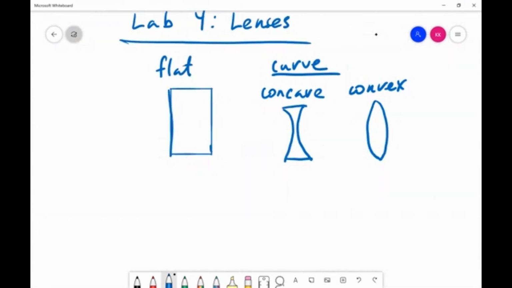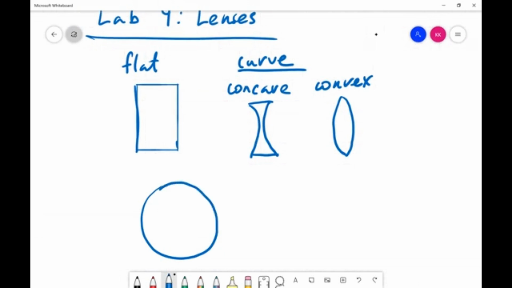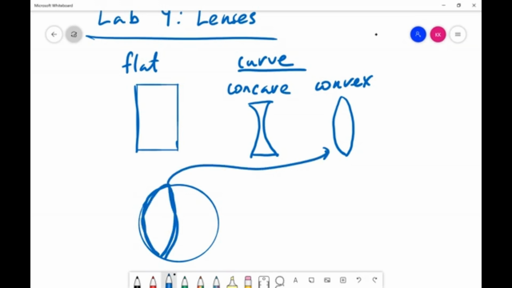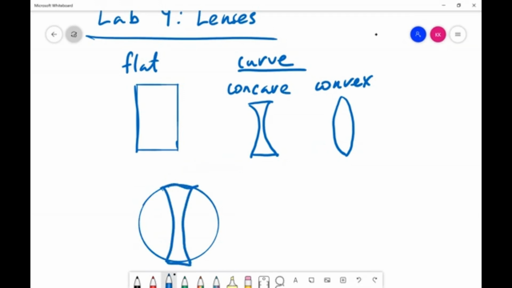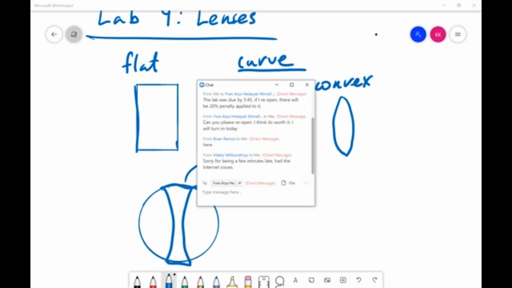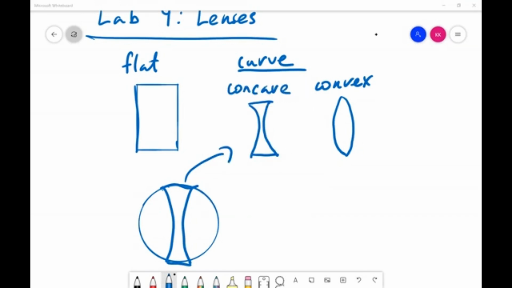You can think of them as part of a sphere, where if you carve one piece like this, that becomes our convex. Or if you carve it like this, that becomes basically concave, coming from similar material, like acrylic or glass.